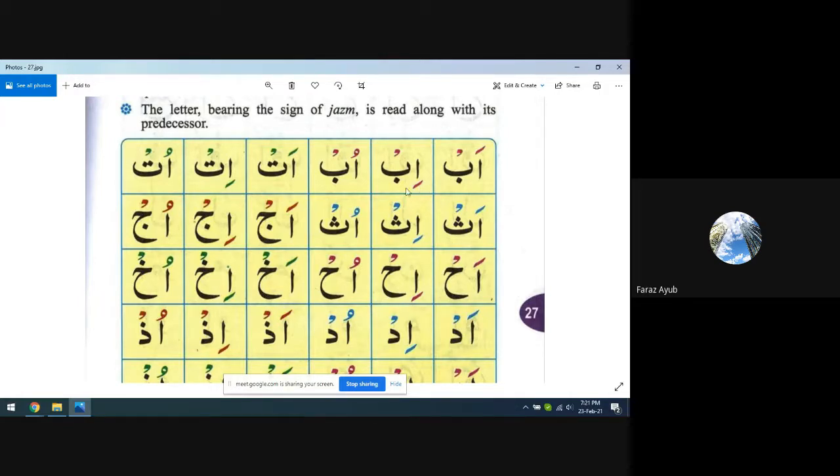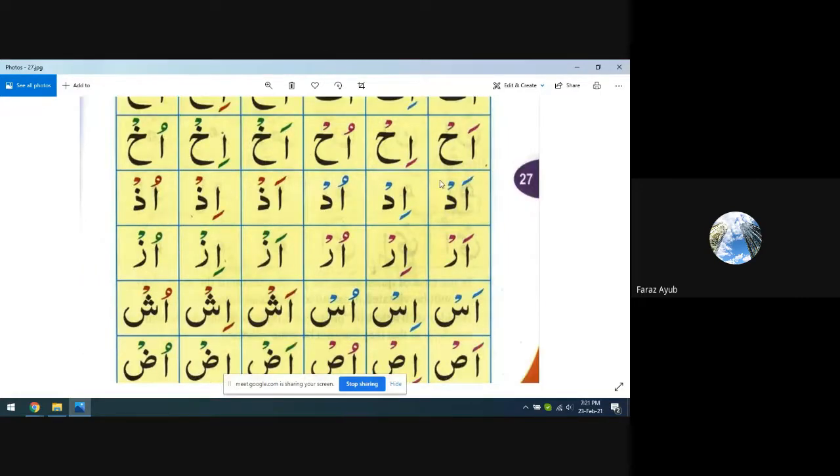Ab, ib, ub, aj, ij, uj. If you read this word like at, it is wrong. We cannot bounce the voice of ta because this is not a qalqala letter.